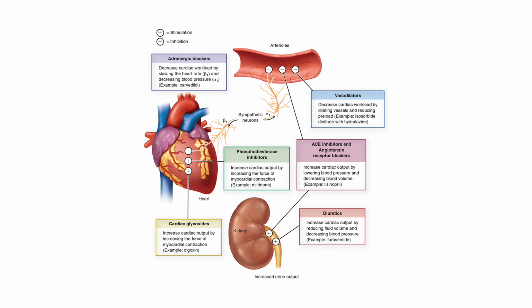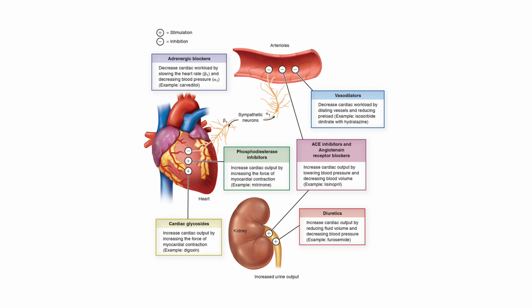We could use nitroglycerin to vasodilate the arterioles and the veins for that matter. We can use hydralazine to vasodilate. So anything that vasodilates will reduce the blood pressure, which is reducing the afterload. That's going to help with the left ventricle being able to pump blood out of the left ventricle into the aorta.